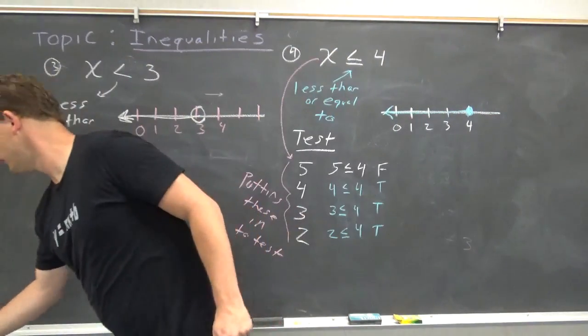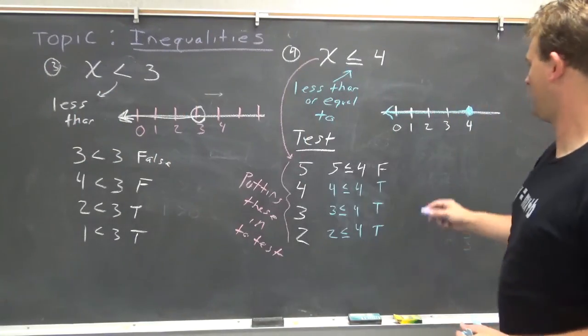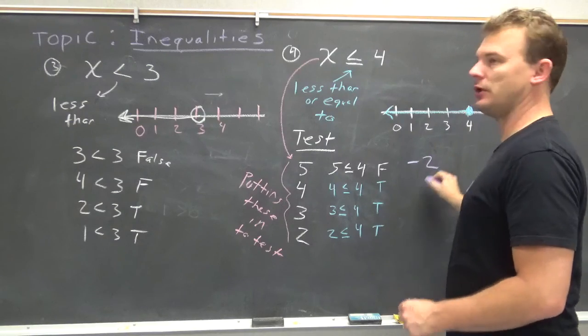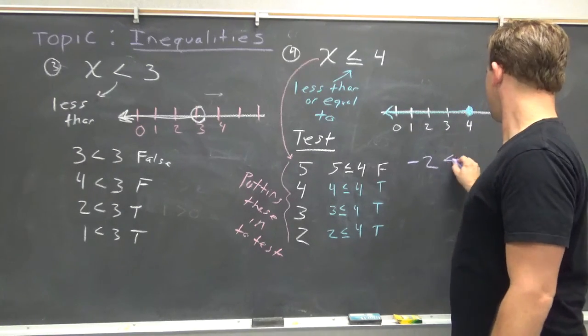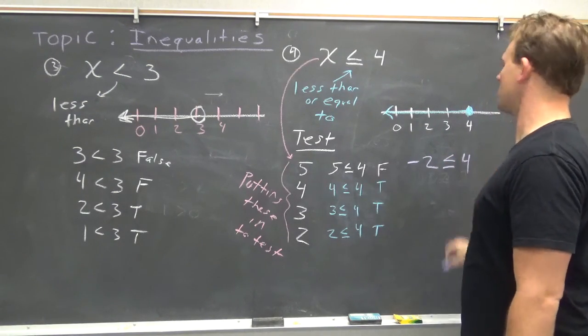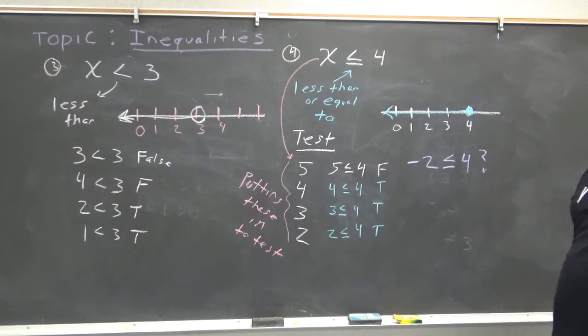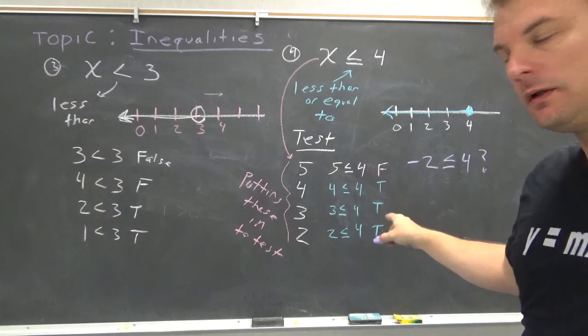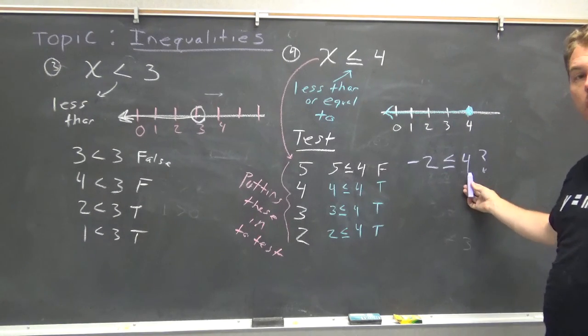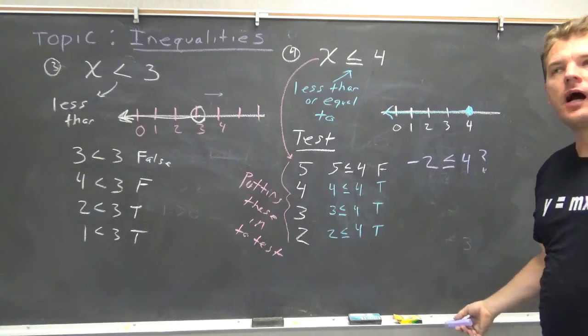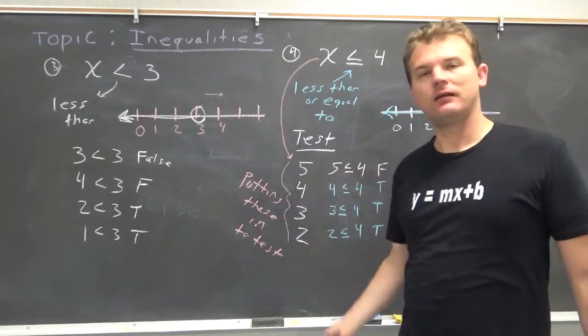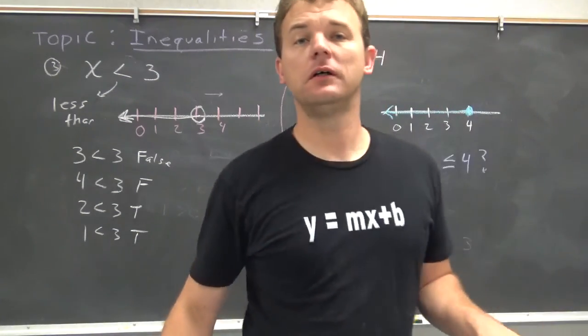So one last thing, especially on this one, what if I said to you, is -2 less than or equal to 4? Is -2 less than or equal to 4? And you're going to be like, I don't know, I have to do some testing. No, you don't.